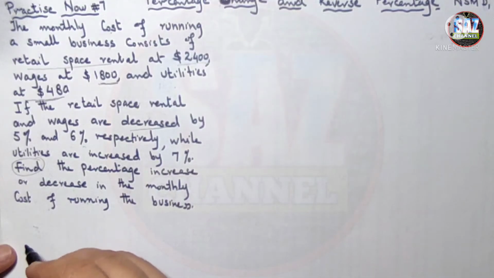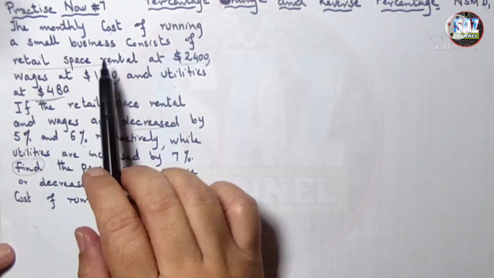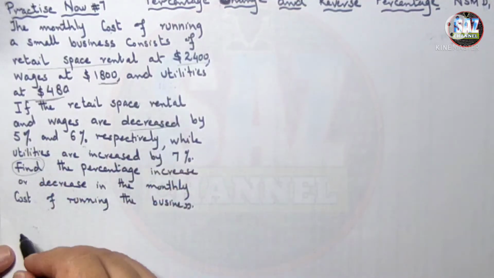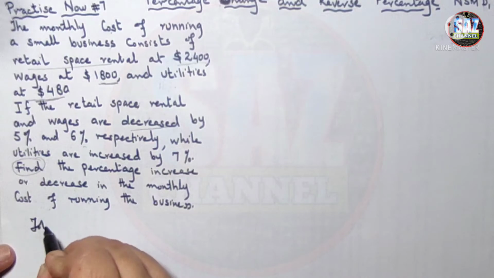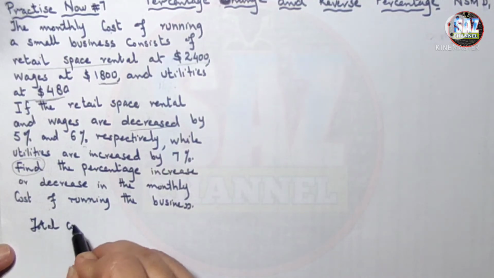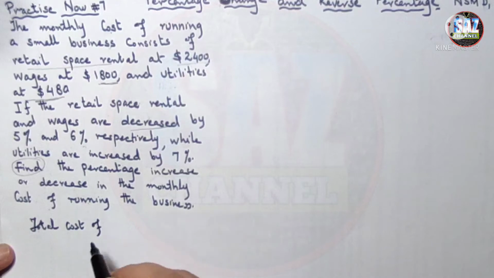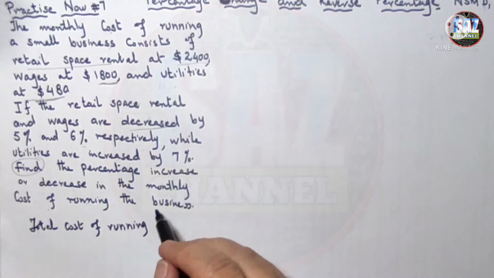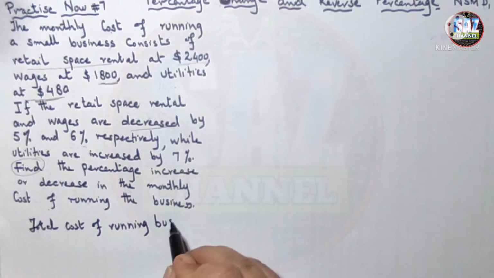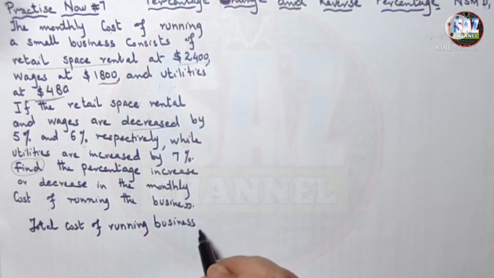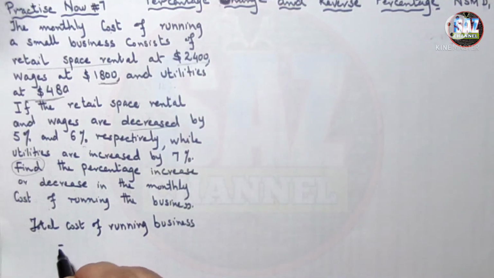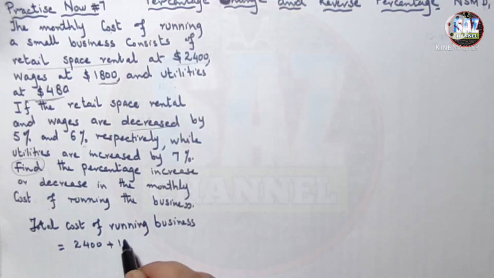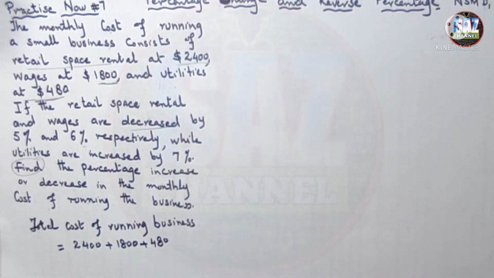So how to begin? The monthly cost of running the small business: retail space rental. So total cost of running the business equals 2400 plus 1800 plus 480.